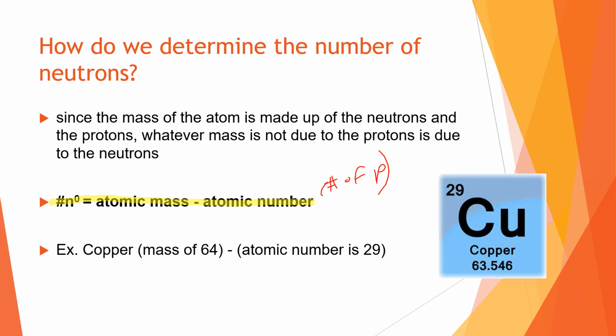So you take the mass, which in this case is 64, and subtract the atomic number, or the number of protons, to get what's left over, which represents the number of neutrons. Copper has 35 neutrons.